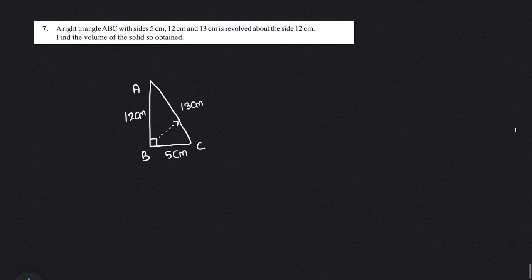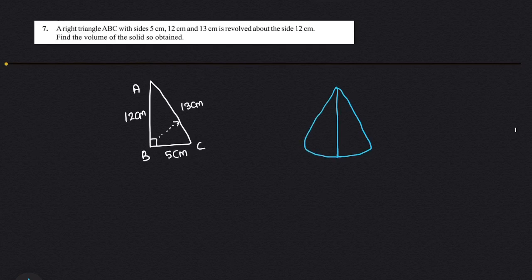So it's revolved, so it will create a cone. So the radius is 5 centimeter, the height of the cone is 12 centimeter, then slant height L is equal to 13 centimeter. So we need to find the volume.